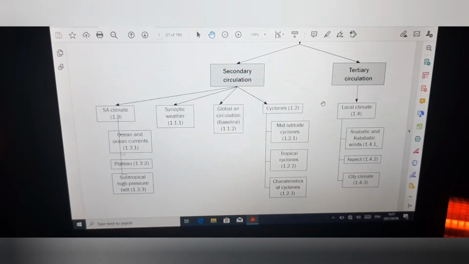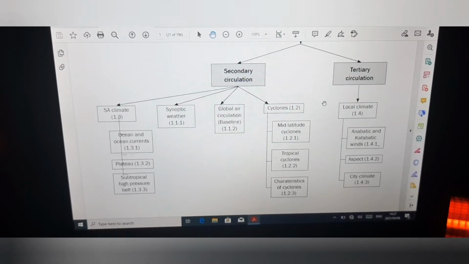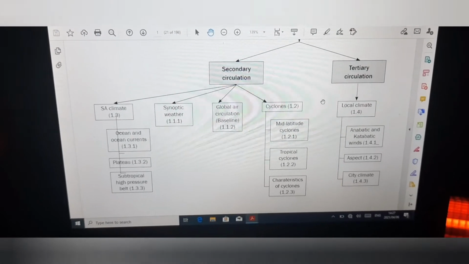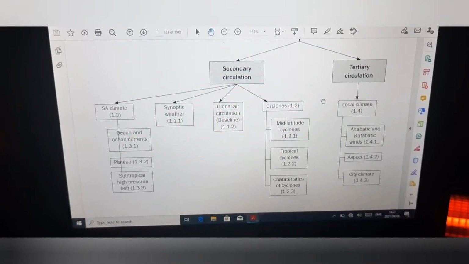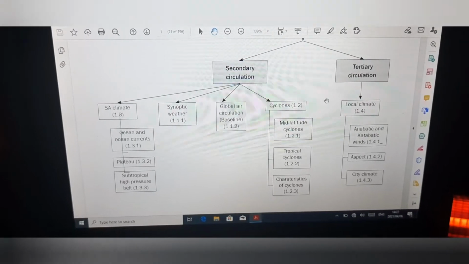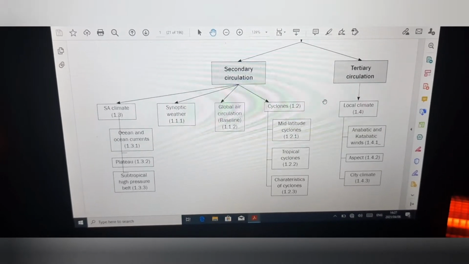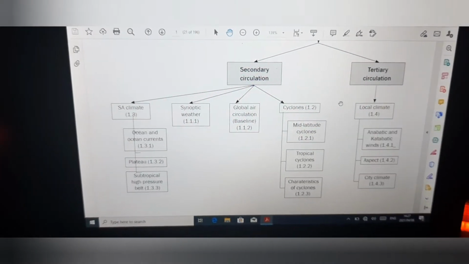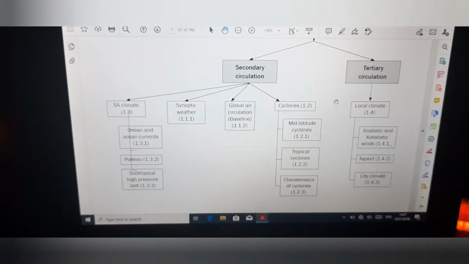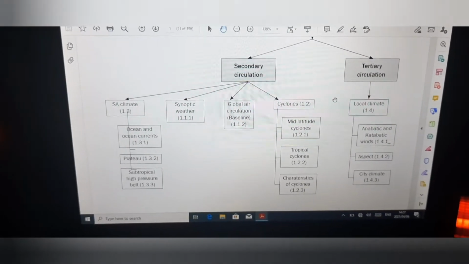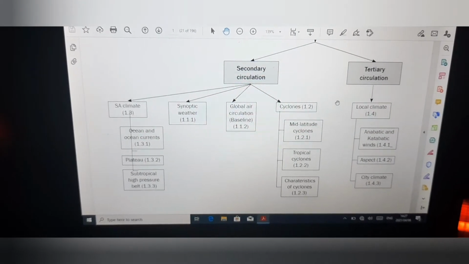On this one we don't, so we're going to go for 1.2, which is the cyclones, and then 1.21, 1.22, 1.23. From there we're going to SA climate, and then we're going to cover 1.31, 1.32, 1.33. Just like that, up until we're done with our chapter.